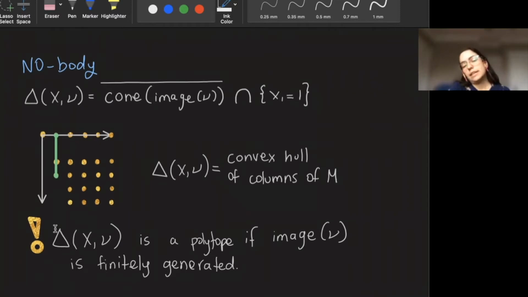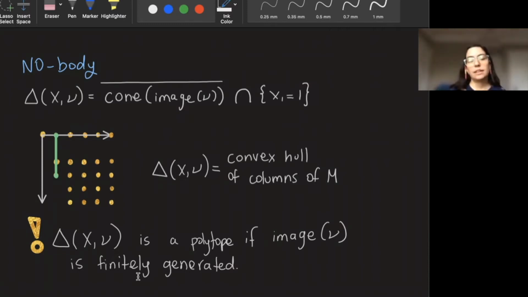So as I was hinting at before, this Newton-Okounkov body is a polytope if the image of your valuation is finitely generated. Remember we started saying that Newton-Okounkov bodies have this very nice property that the degree of your variety is equal to the volume of your body.